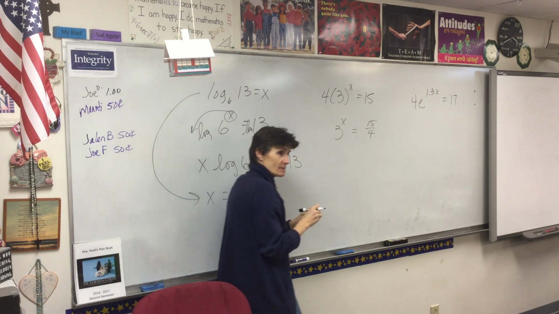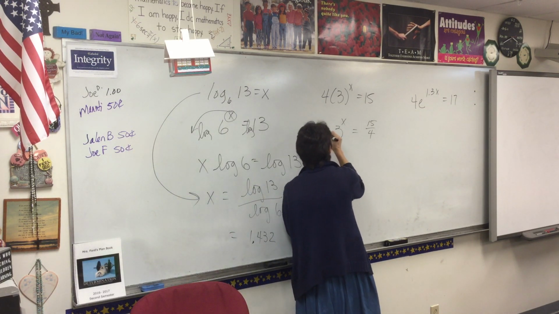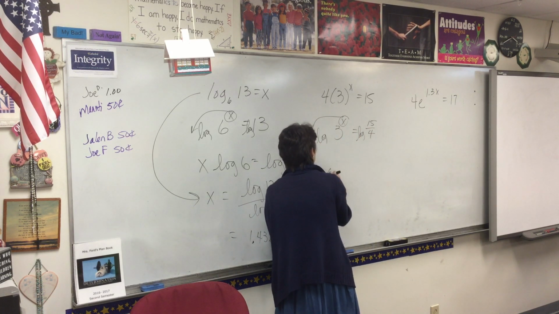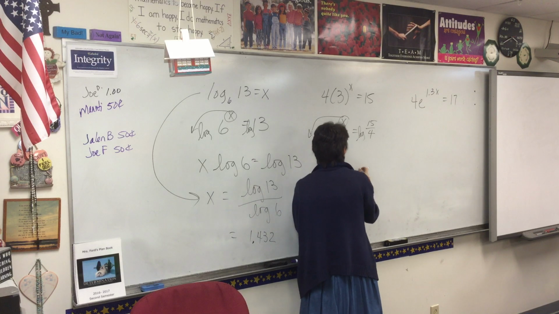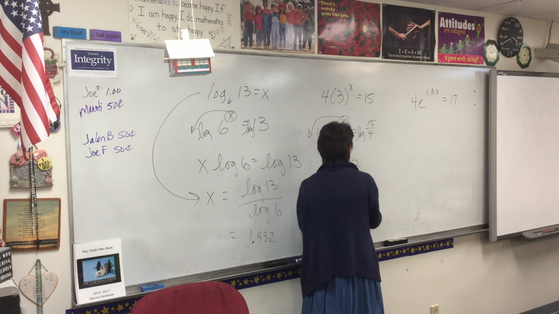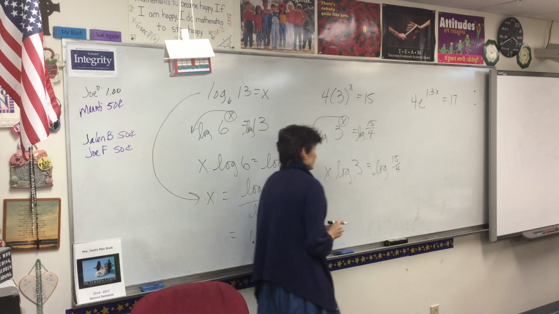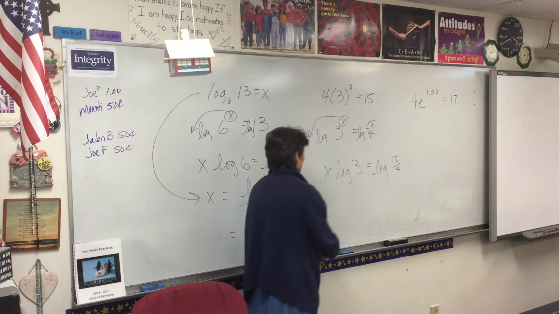Now what? Logarithm both sides. Because, once again, there's no common base, and you've got to get the exponent down. The only way to get the exponent down is to logarithm it.